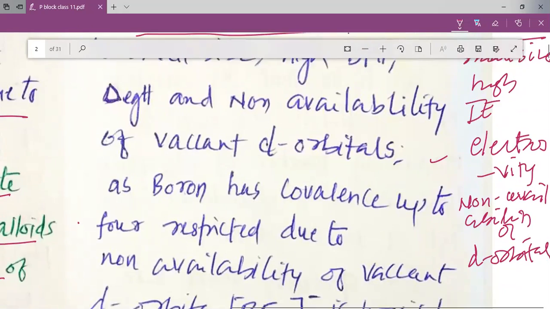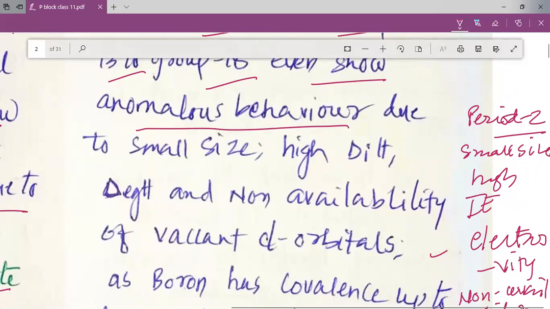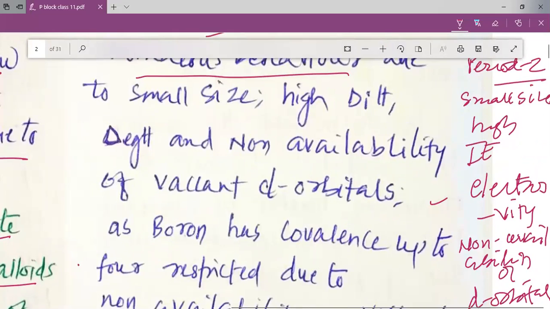These are the major reasons that separate the first element of the group from the other elements.